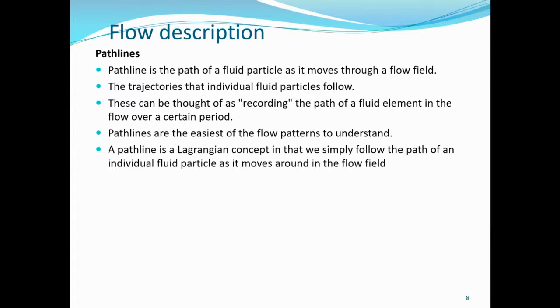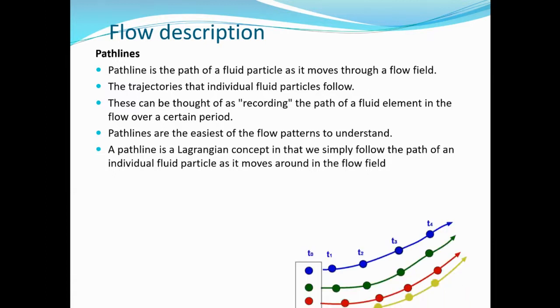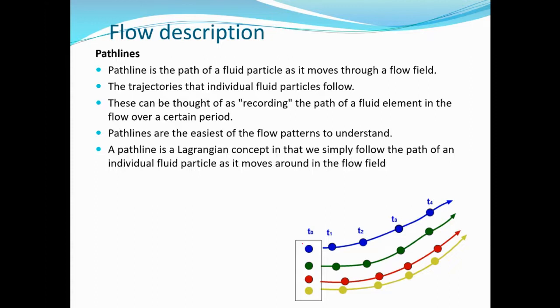A path line is a Lagrangian concept in that we simply follow the path of an individual fluid particle as it moves around the flow field. Remember, I explained the Lagrangian concept in which we follow individual particles as each of these particles at different points in time.